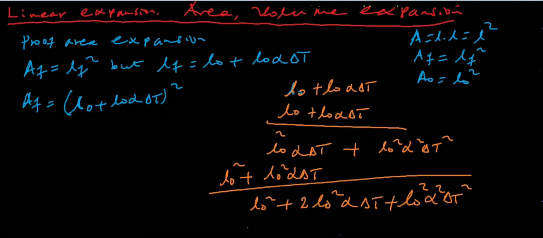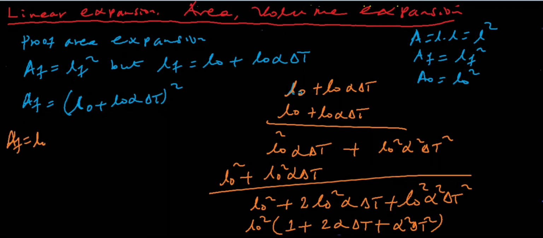Then I can write this as L naught square into 1 plus 2 alpha change in temperature plus alpha square change in temperature square.